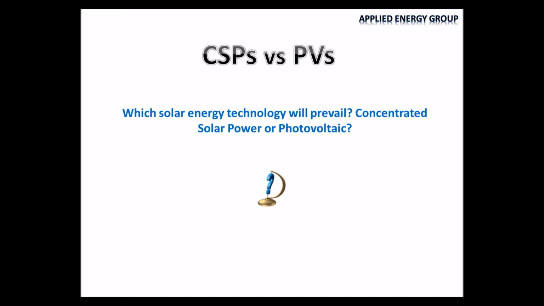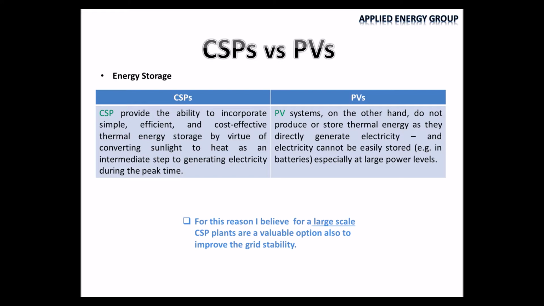However, one of the main points which could be seen as an advantage of CSP systems is the possibility of heat storage, where CSP provides the ability to incorporate simple, efficient, and cost-effective thermal energy storage.